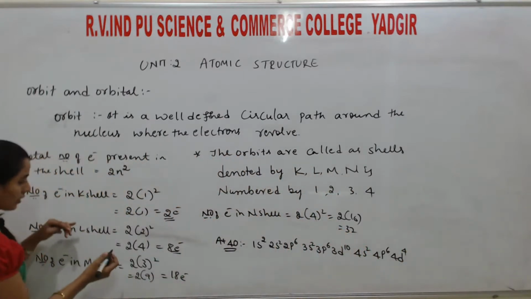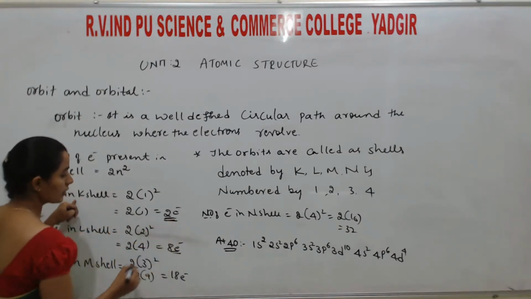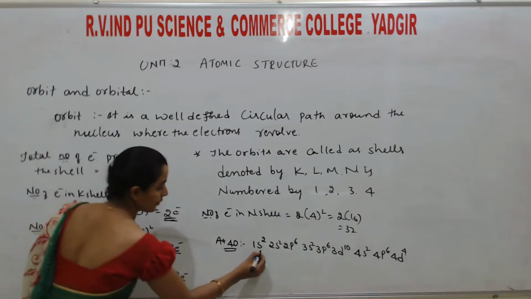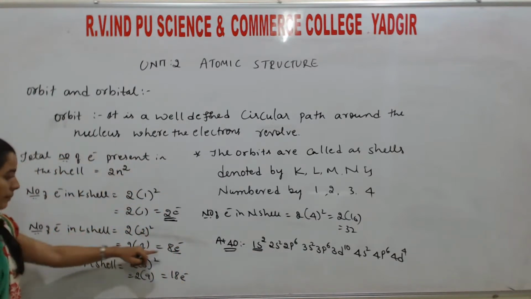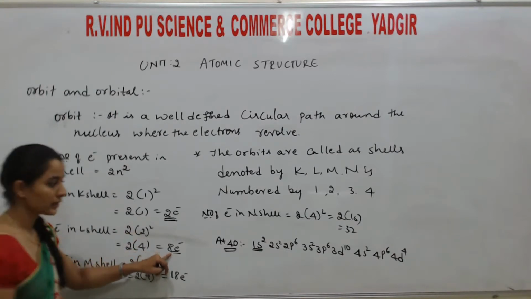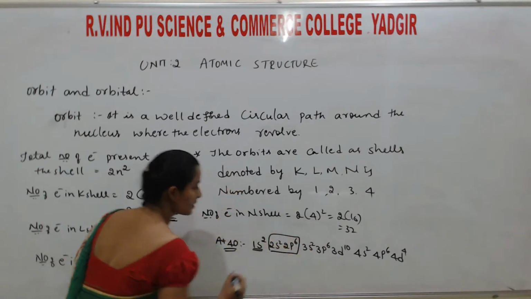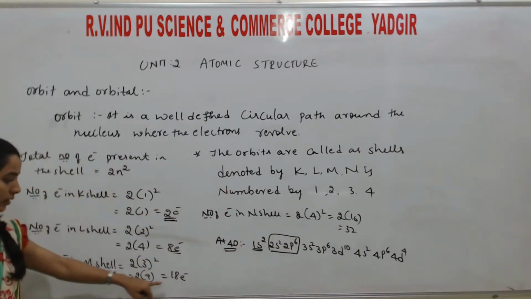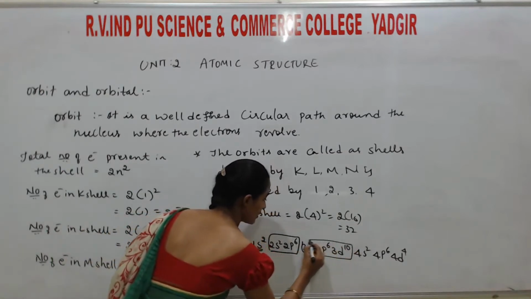So listen, 1s, K shell is there, maximum electron is how much? 2. Second, L shell, maximum is 8, here the number of electrons is 6 plus 2, 8. For third, it is 18. Listen, you consider this.